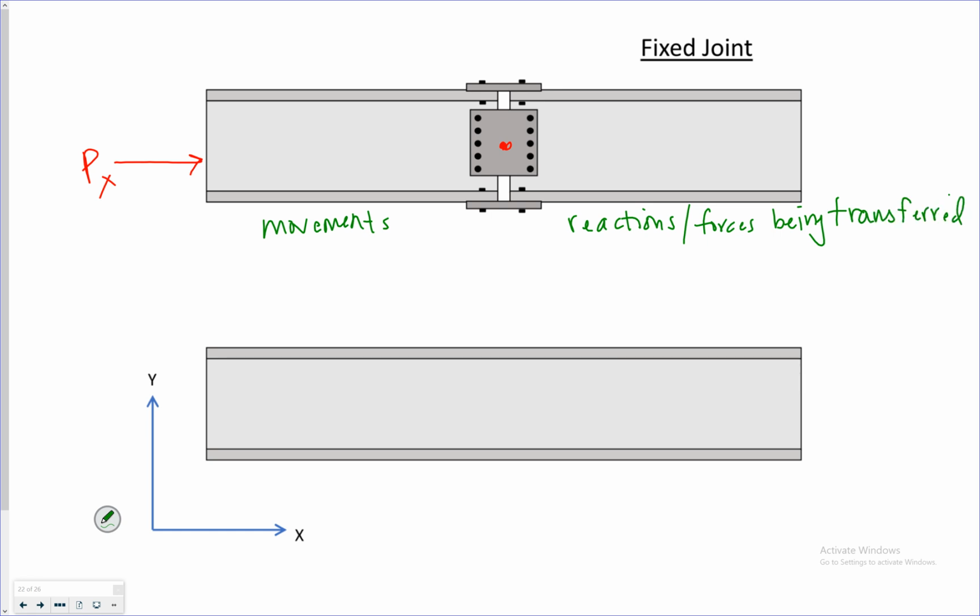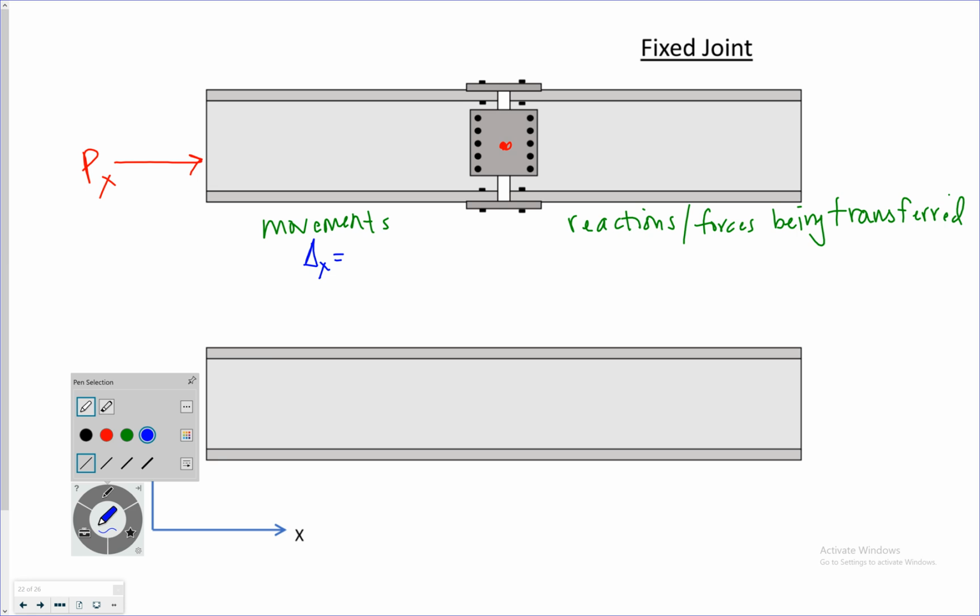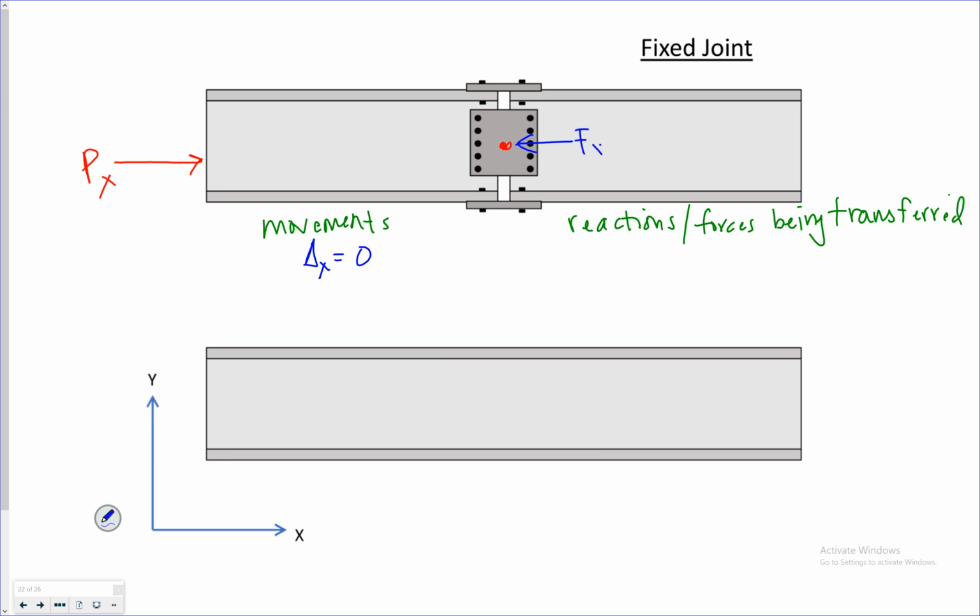Is there any movement horizontally at the joint? No. And what's holding it back? A reaction force, a force that is going to end up being transferred into the beam that it's connected to.